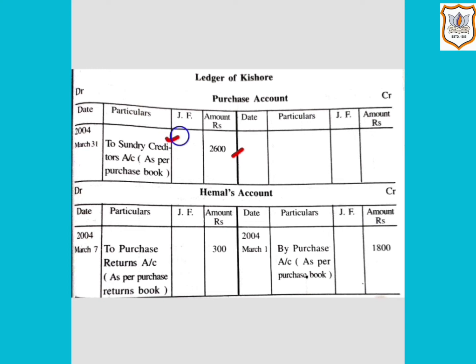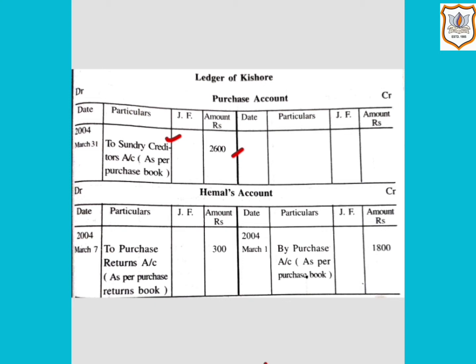Okay. One thing you must remember: with the name of the account which appears on the debit side, you have to use the word "to", and if you write the name of the account on the credit side, then in the particular column before the name of that account you have to use the word "by".